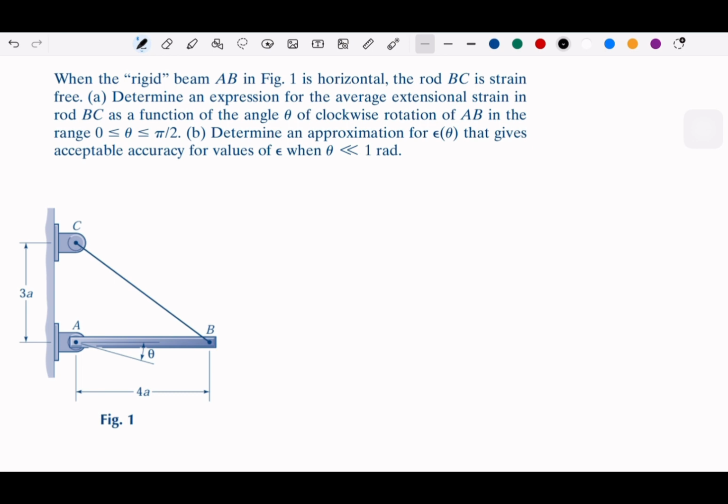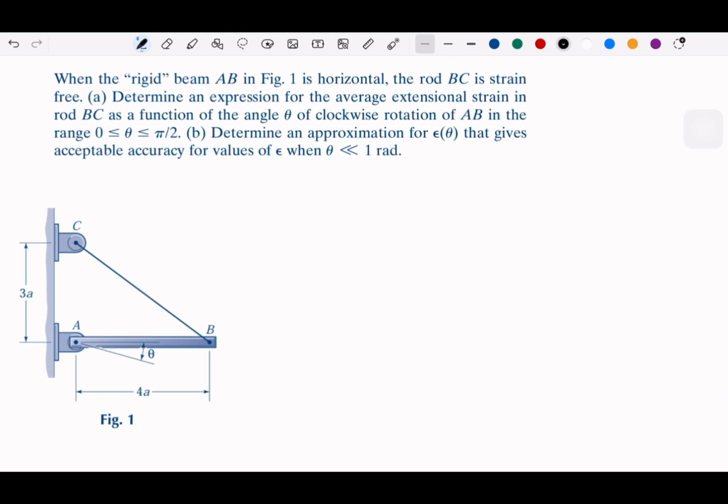Then we need to determine an expression for the average extensional strain in rod BC as a function of the angle theta of clockwise rotation of AB in the range of 0 to pi over 2. Then determine the approximation for epsilon that gives acceptable accuracy when theta is less than 1 radian. It seems quite heavy, but it's not that complicated.